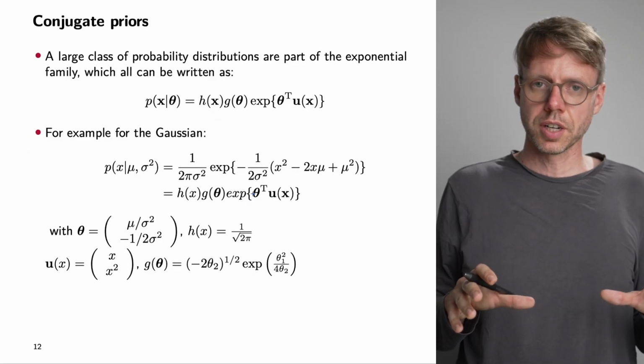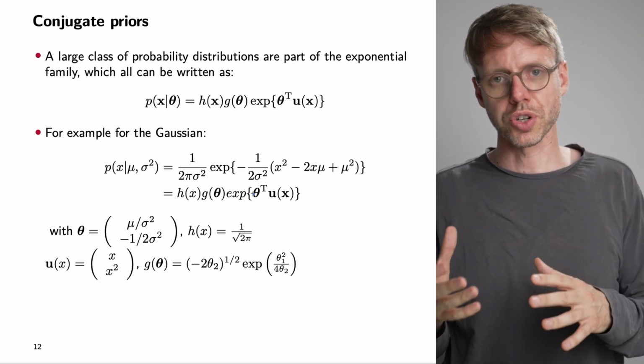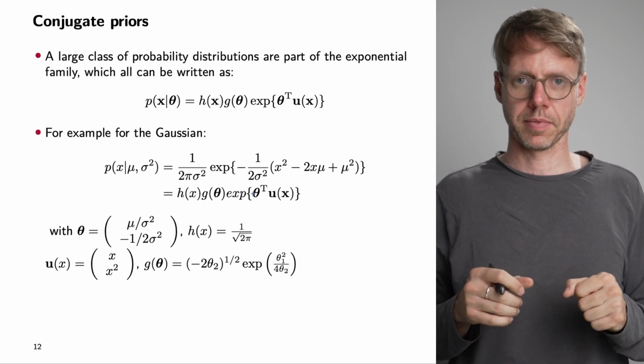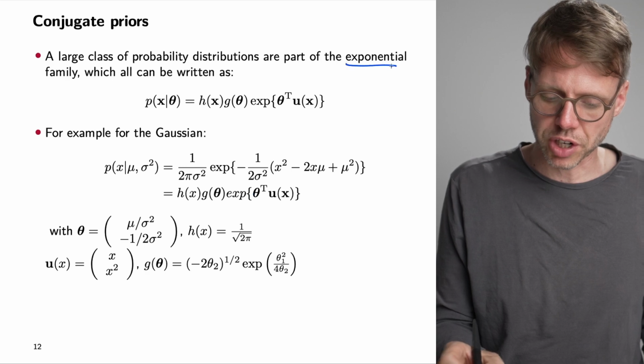There's a large class of probability distributions for which conjugate priors exist, and this class of distributions is the so-called exponential family.